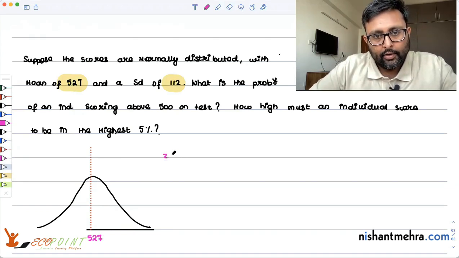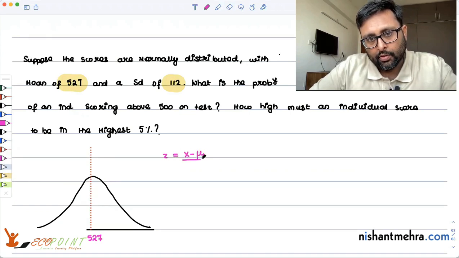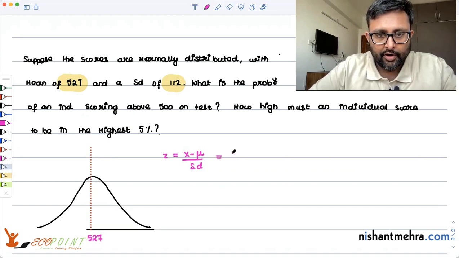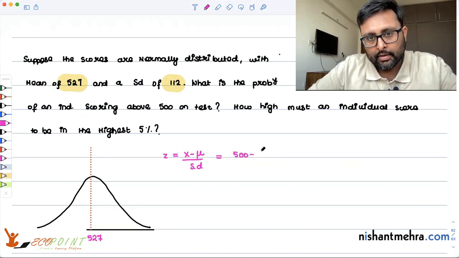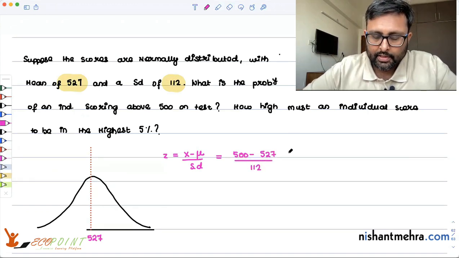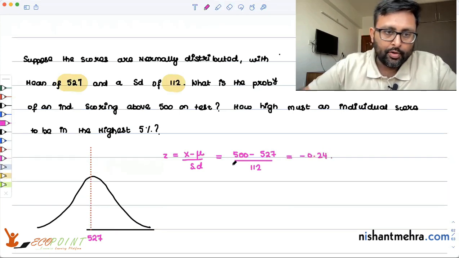So I'll calculate what the Z score is. X minus mu upon standard deviation. So that is your 500 minus mu 527 upon standard deviation. That comes out to be minus 0.24 approximately.